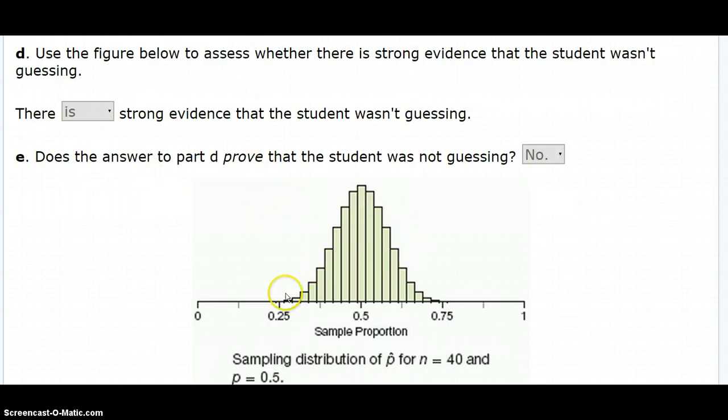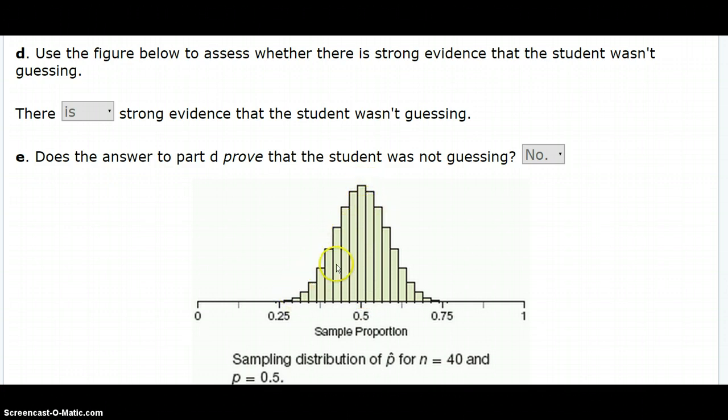What is this? Well, it's a normal, or at least approximately normal, distribution. But what's going on here? Well, we have 0.5 as our null hypothesis proportion. In other words, randomly we would expect the student to get about 0.5 of the questions right, and that's the most likely here. That's the center of our distribution.